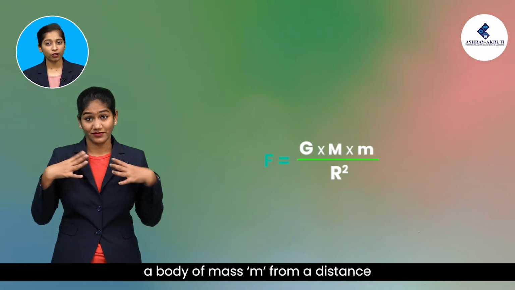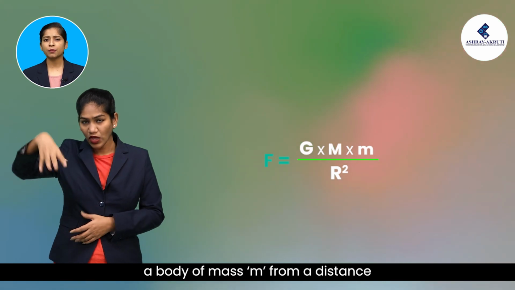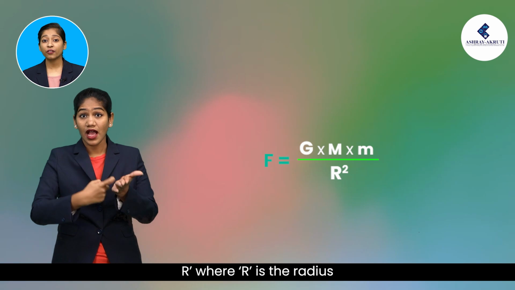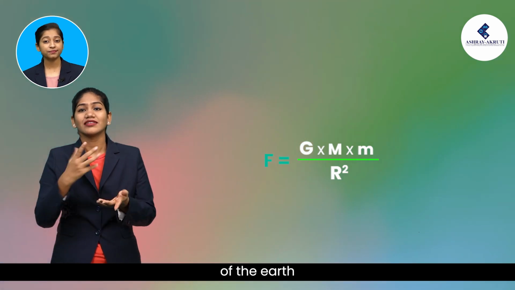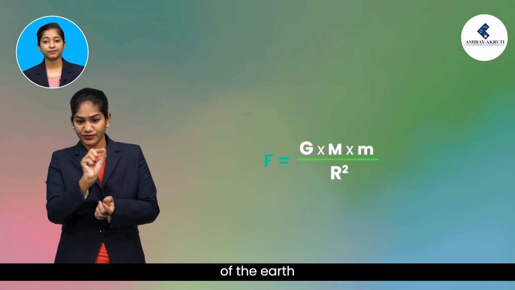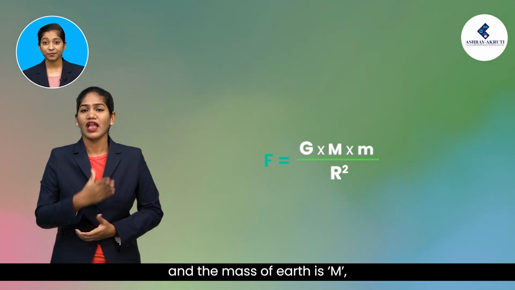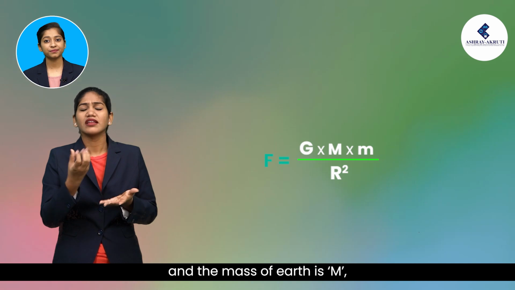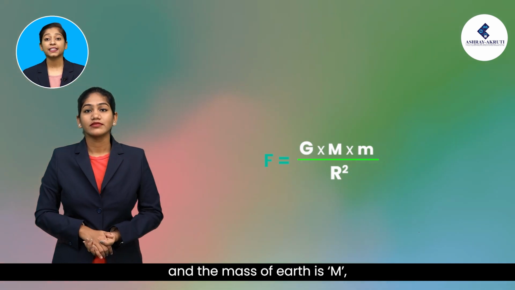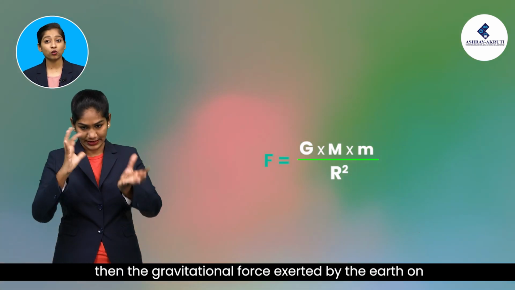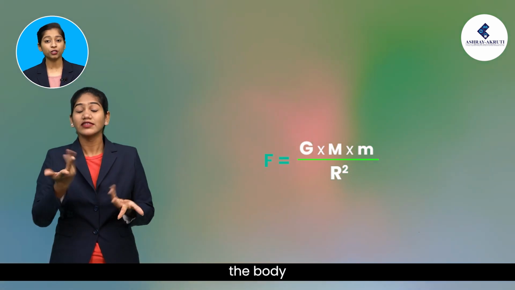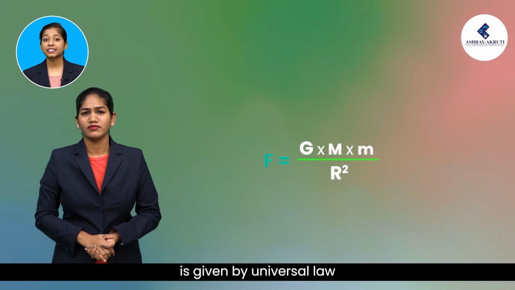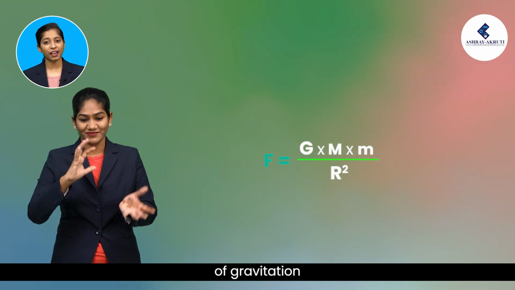If we drop a body of mass m from a distance r, where r is the radius of the earth, and the mass of the earth is M, then the gravitational force exerted by the earth on the body is given by the universal law of gravitation.